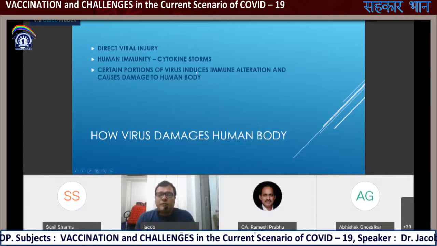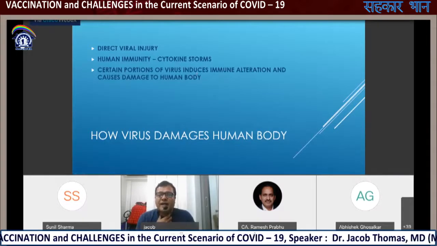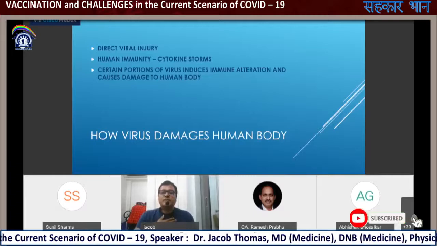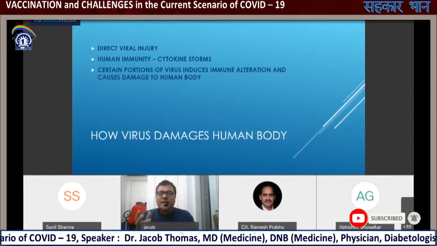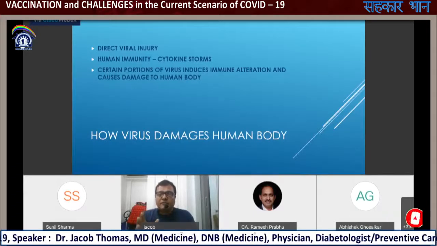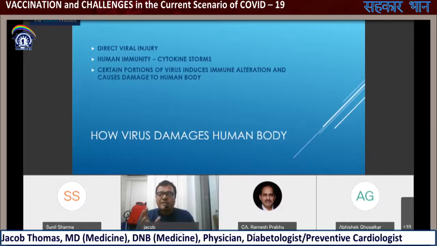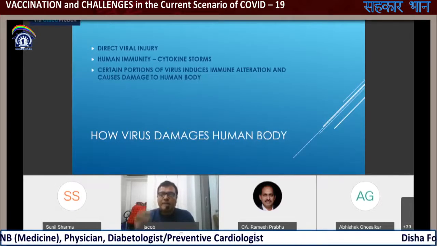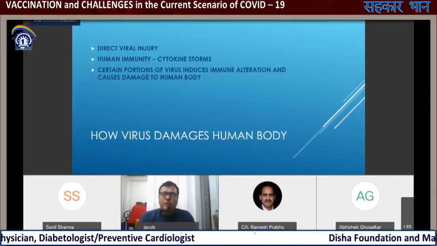Young children, mind you, have what is called the thymus gland, which is situated below our chest bone here, the sternum. That thymus gland disappears by the age of 15, but before that, it has the ability to identify any antigen coming into the body and mount a very good immune response.